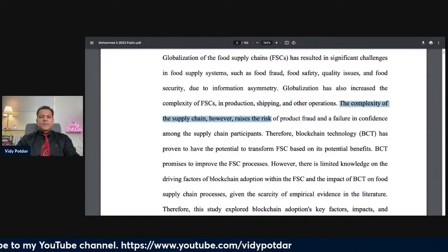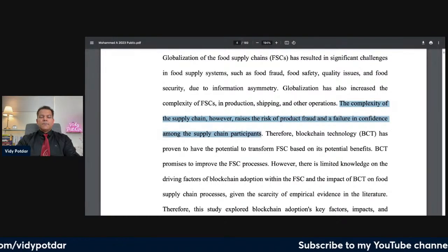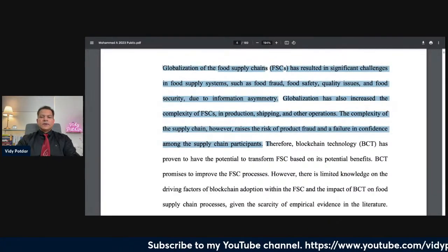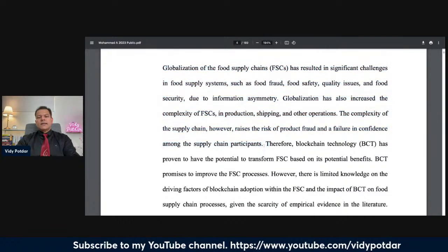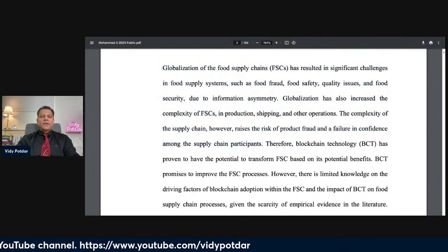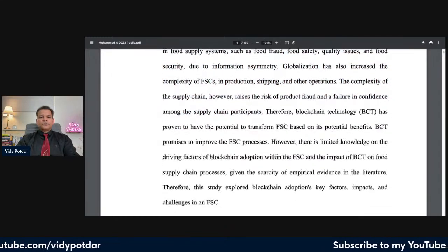The complexity of the supply chain, however, raises the risk of product fraud and a failure of confidence among supply chain participants. So you can see that in the first three sentences, the problem has been identified and described here.